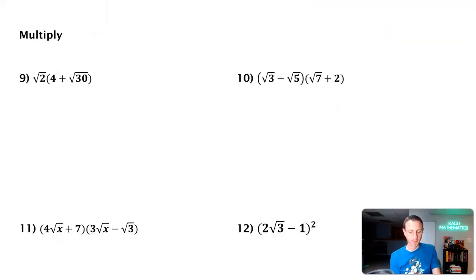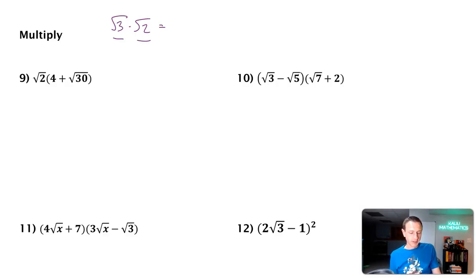Now we're going to take a look at multiplying these radicals. So when you're multiplying, let's say I have square root of 3 times the square root of 2. When you're multiplying, you want to just make sure that the... I was going to say something, but I think I'm going to avoid saying that, because there's a way to get around it.